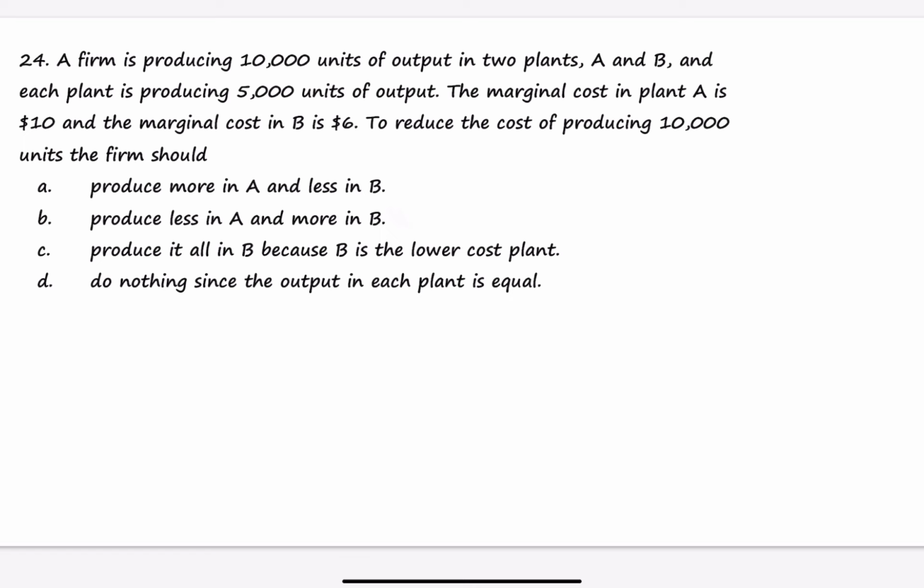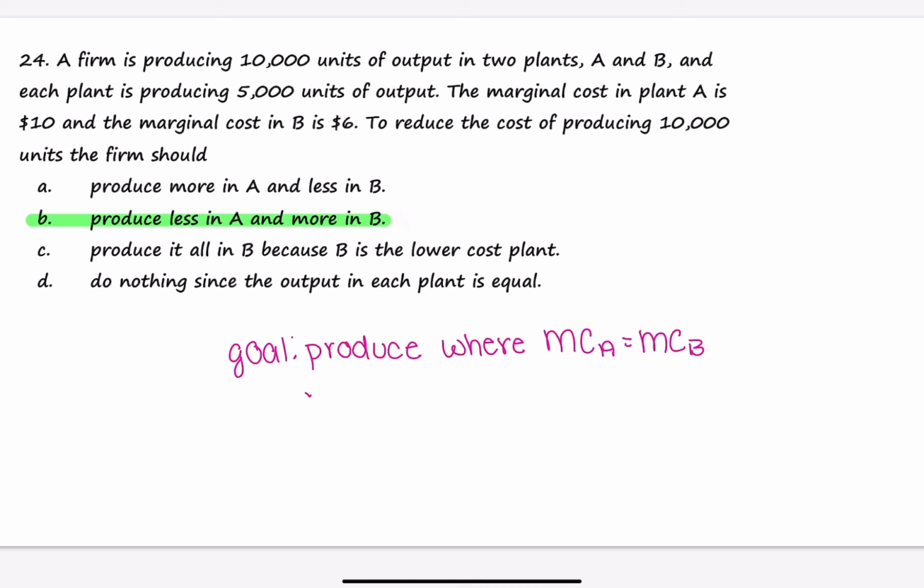To reduce the cost of producing 10,000 units, the firm should produce less in A and more in B. And the reason for this is that your goal is to produce where marginal cost of A is equal to the marginal cost of B. And the only way that you will get there is if you decrease production in A because it's higher, and increase production in B because it's lower, until they're equal.